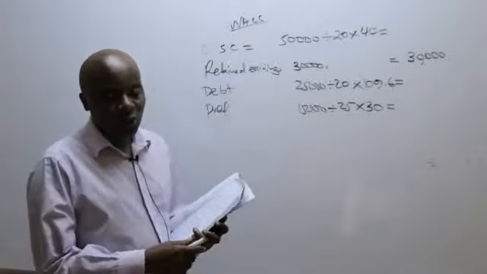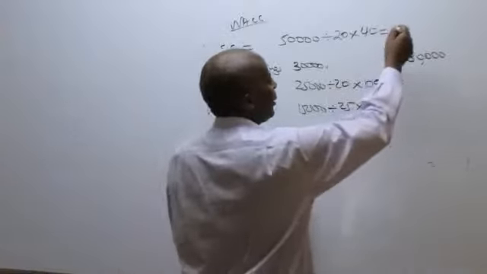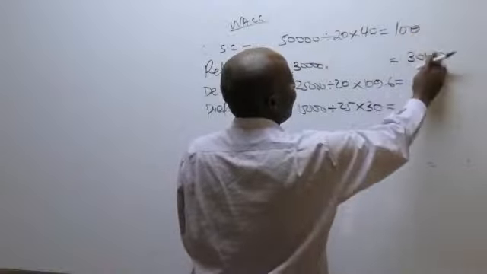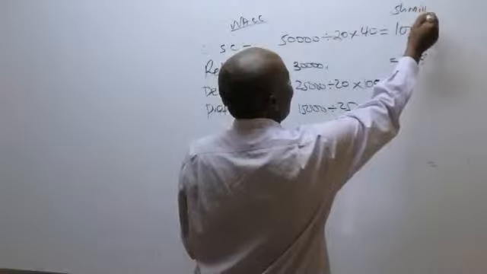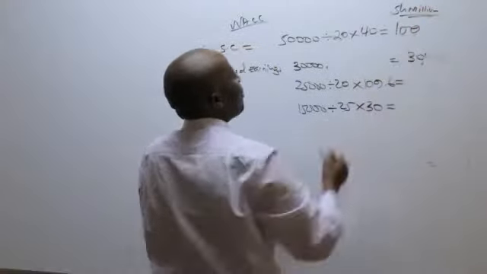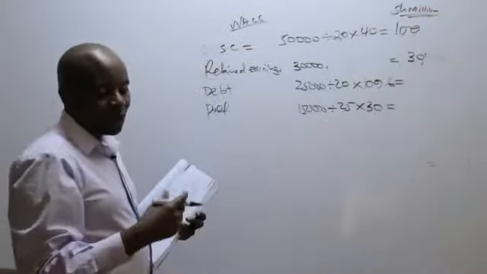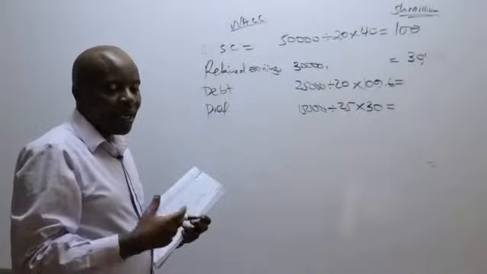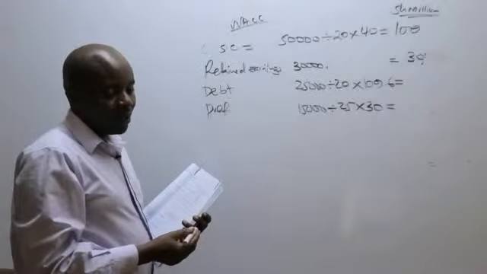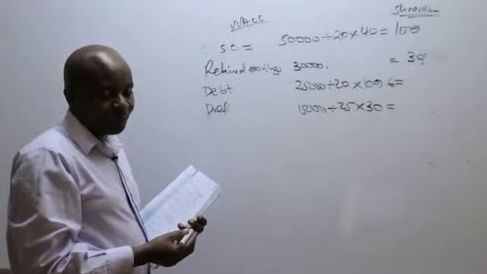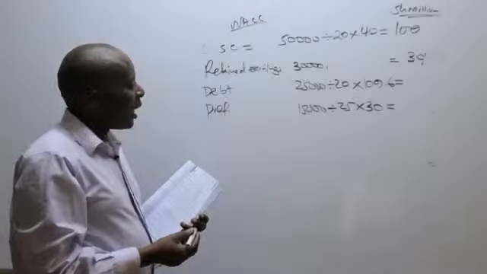I'm being told ordinary is 100 million. Let's put our figures in millions, so 100. Retained earnings, of course, as you are aware, has no adjustments at all. How about debt?